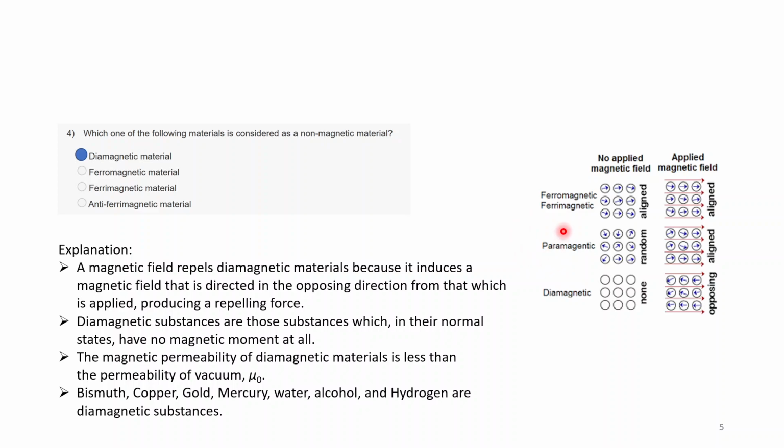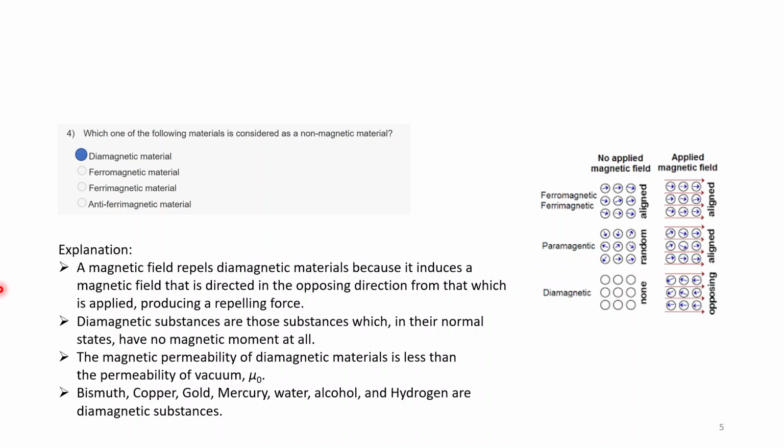And if you have paramagnetic type of material, then in absence of magnetic field, it will show randomly oriented domains, and then when you apply a magnetic field, it will get aligned. While in case of diamagnetic, you don't have any kind of domains, and when you apply some magnetic field, it tries to move to the weaker side of the magnetic field, so it opposes the magnetic field.